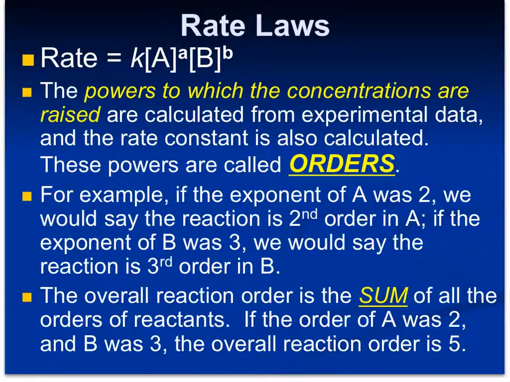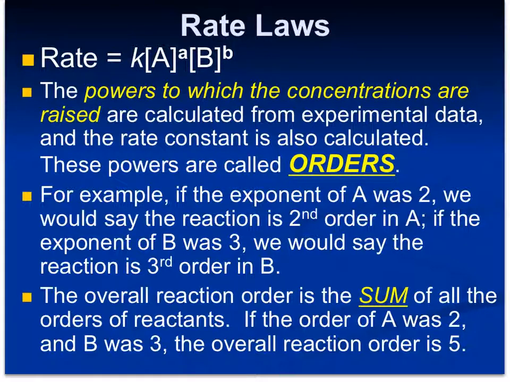Now when we look at a rate law, one of the questions that will sometimes be asked is what is the order of the reaction? The powers to which the concentrations are raised are calculated from experimental data. In AP Chemistry, you'll hear this mentioned 18,000 times in the lectures that we do. So these exponents are found from experimental data, and these powers are called orders.